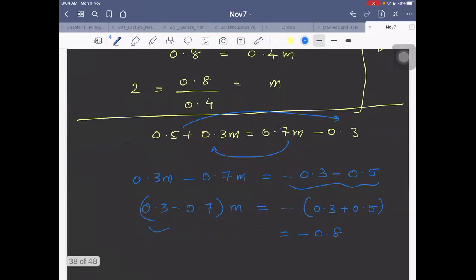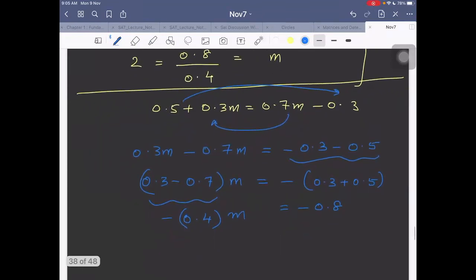And here, what is 3 minus 7? 3 minus 7 is minus 4. So 0.3 minus 0.7 is minus 0.4, right? Because 3 minus 7 is minus 4. So minus 0.4m is equal to minus 0.8.